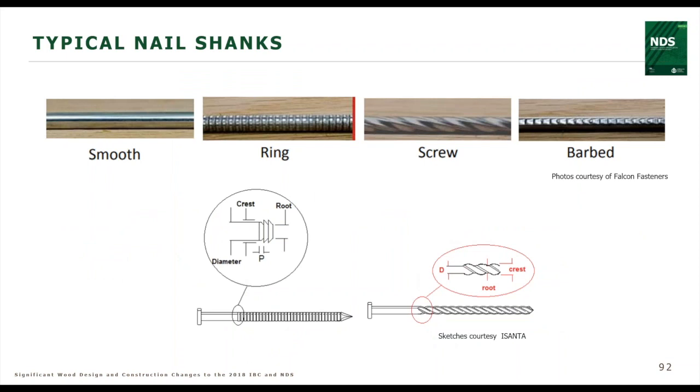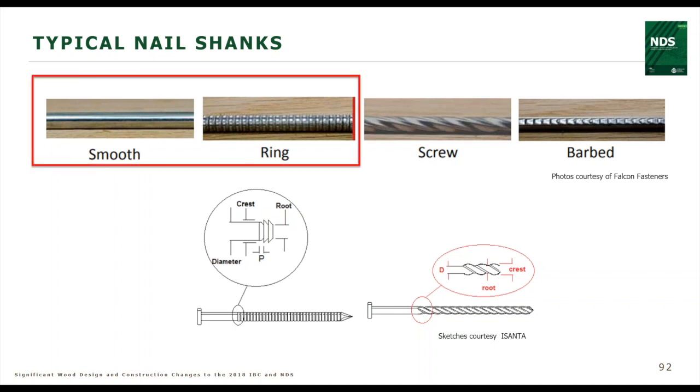So with different types of nail shanks being included in the NDS as well, it's important to understand what actually is included in the standard and what is not. So the only types of shanks that are included in ASTM F1667 are smooth shank fasteners or ring shank fasteners.